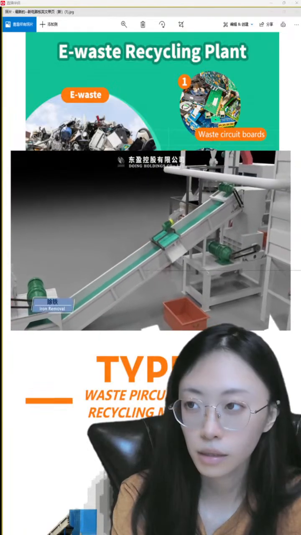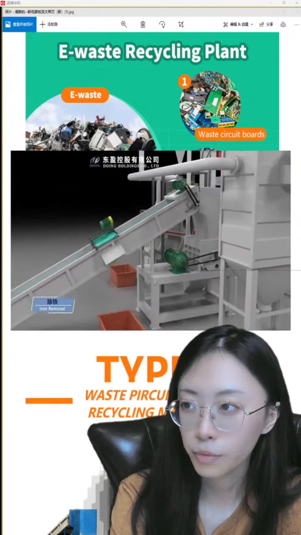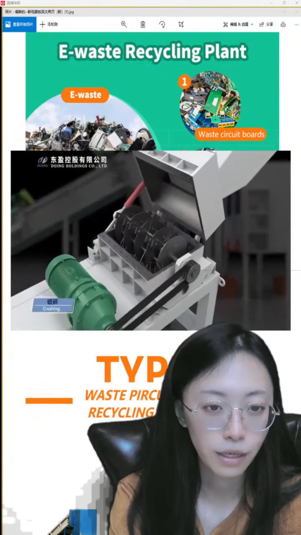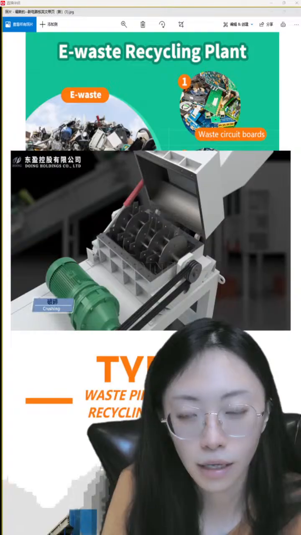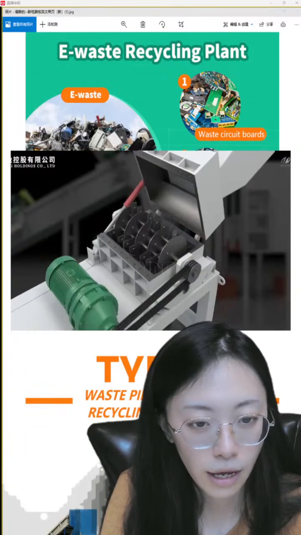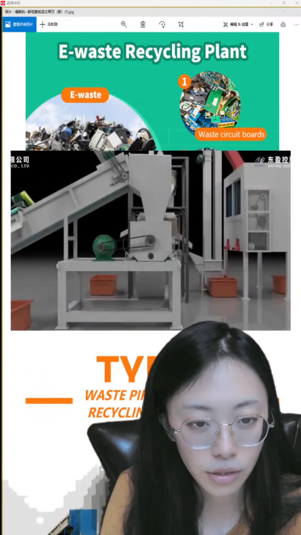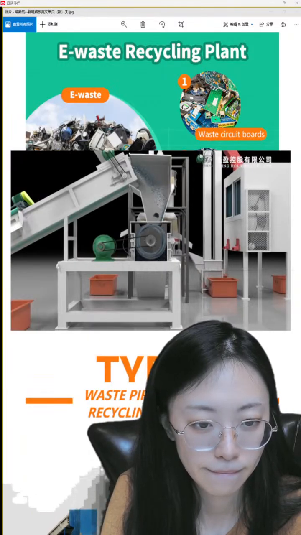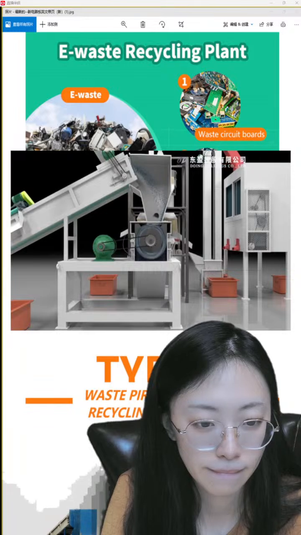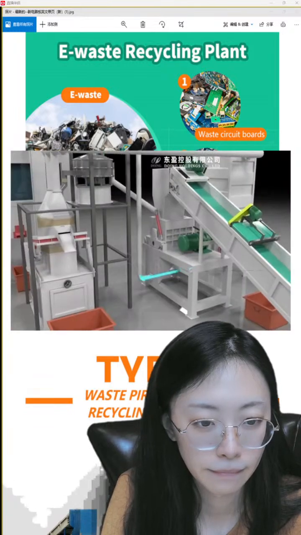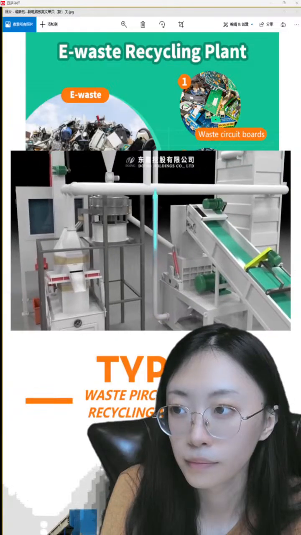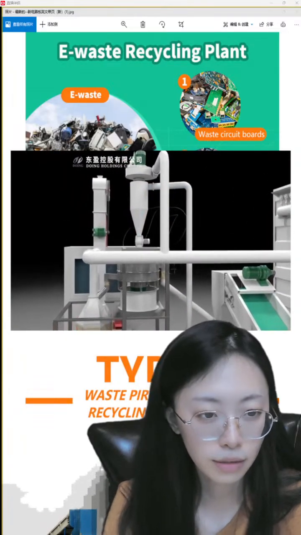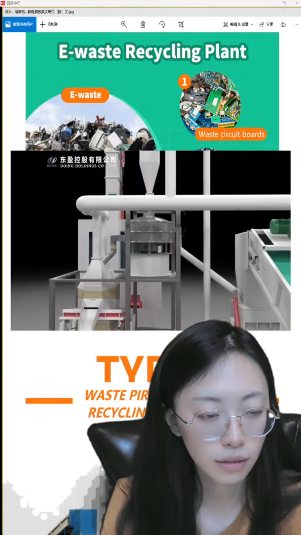And then there is the air separator, the iron separator, the magnetic separator, and then the hammer blade crusher. The particles will go through the vibrating screen, which controls the sizes of the particles.